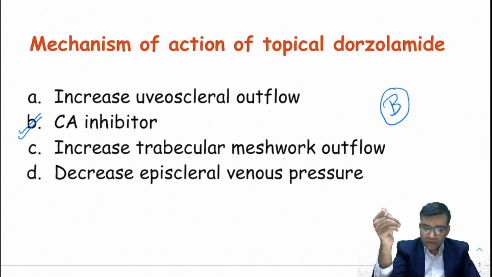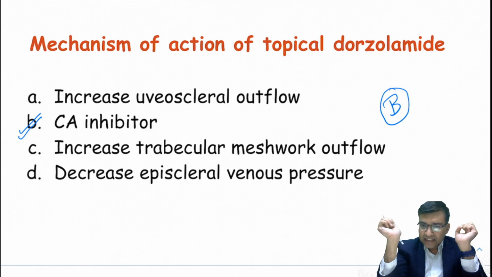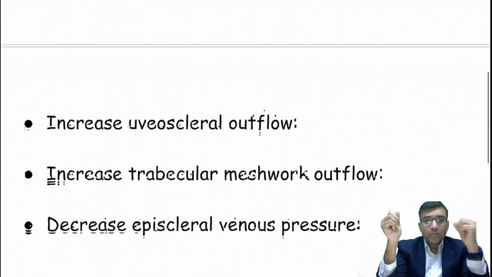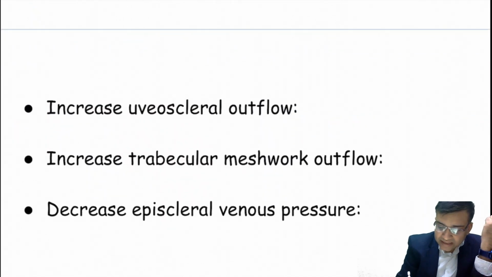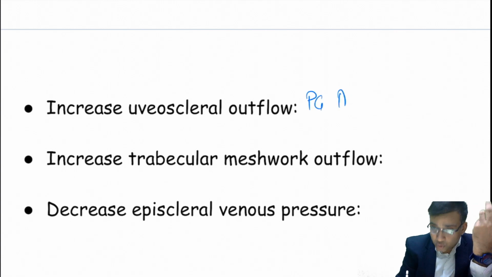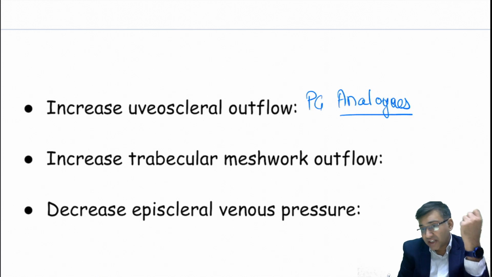If we talk about the uveoscleral outflow, the most important drugs which can increase the uveoscleral outflow are the PG analogs. The prostaglandin analogs like travoprost, latanoprost, the newer one bimatoprost, and tafluprost basically increase the uveoscleral outflow. They have once daily (OD) dosage, 24-hour IOP reduction, and maximum reduction of IOP.